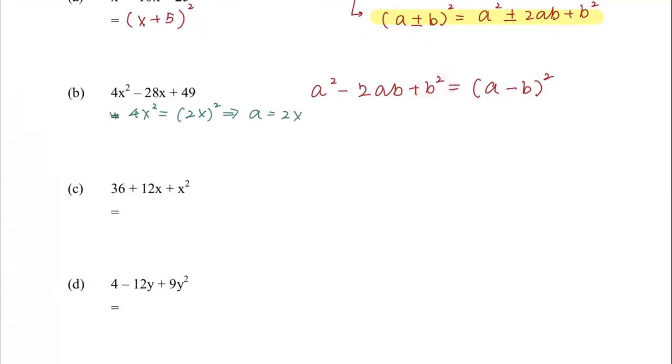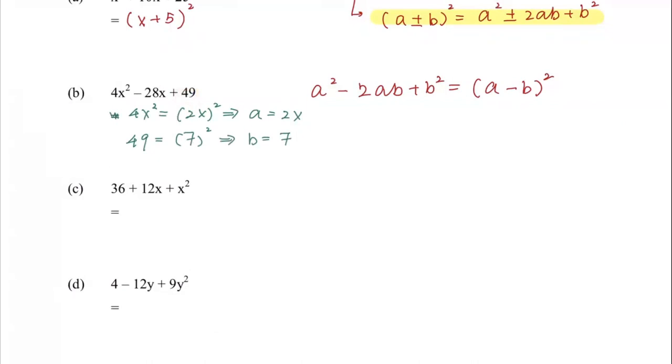In the formula, we need a b squared. Our last term is 49. Can we write 49 as something squared? We can. 49 is equal to 7 squared. So b is equal to 7. What are we trying to do here?